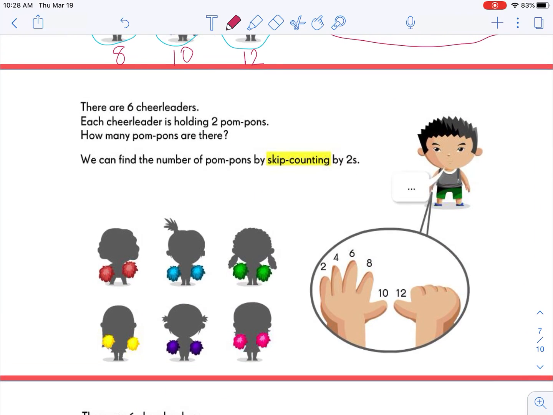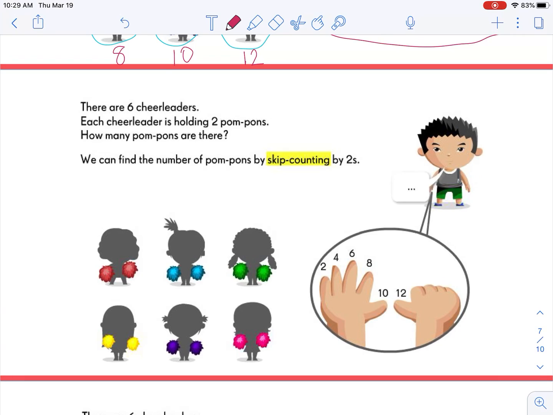Okay, this is a really good strategy, a way for us to skip count by 2's. You can put up one finger each time you skip count by 2's, just like you're counting when you're adding up by 1's. But instead, you're going to skip count by 2's. So go ahead and put your fingers flat in 2 fists.